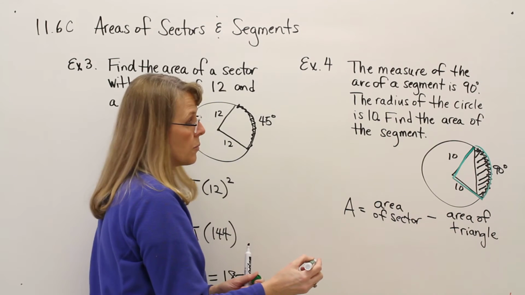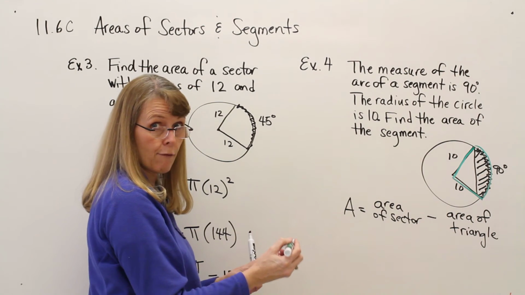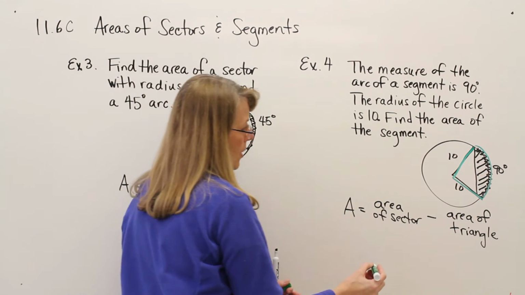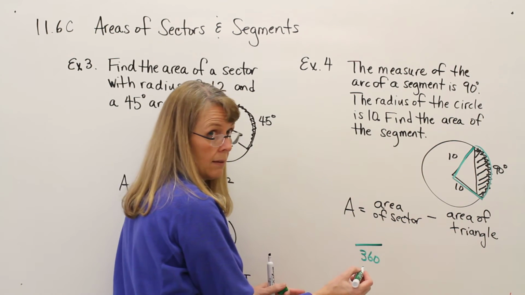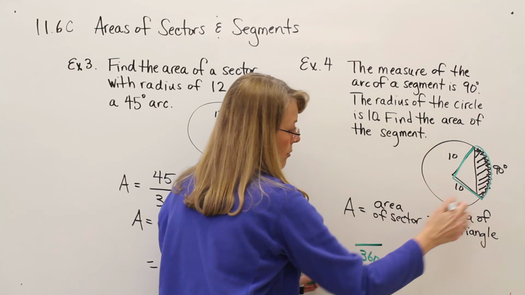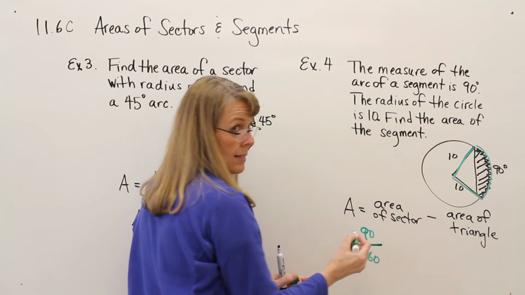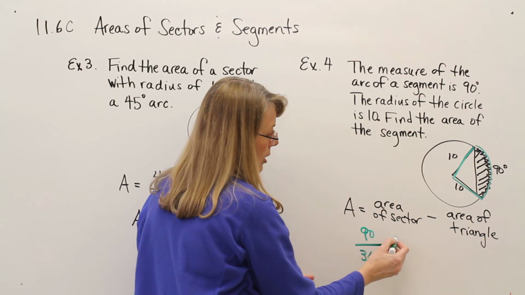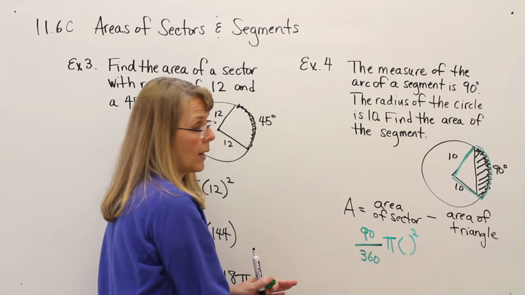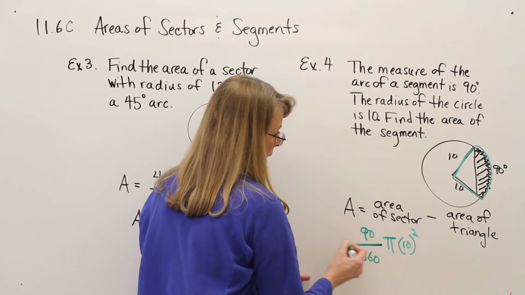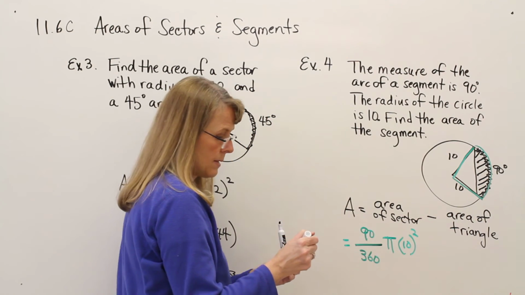Just as we did a minute ago, I'm going to take a fraction of the circle. So the fraction will be out of 360. The arc that goes with that sector is 90. So it's a fraction of the area of a circle, pi times radius squared, and my radius is 10. That would be the sector.